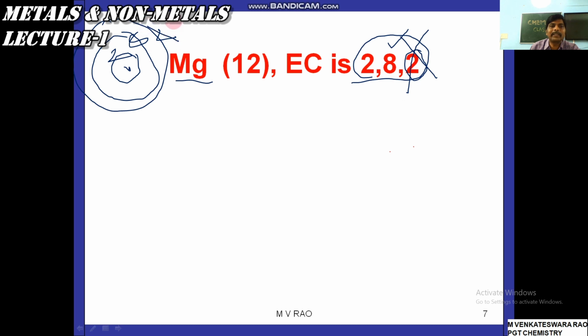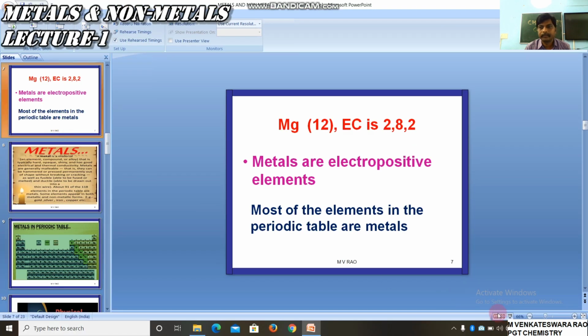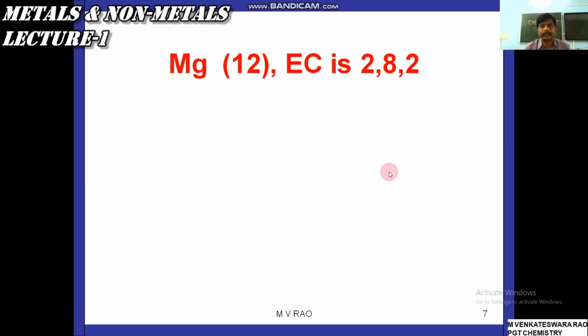By the loss of these 2 electrons, Mg will become Mg2 plus. So magnesium is converted into Mg2 plus because magnesium is a metal, ready to lose 2 electrons.